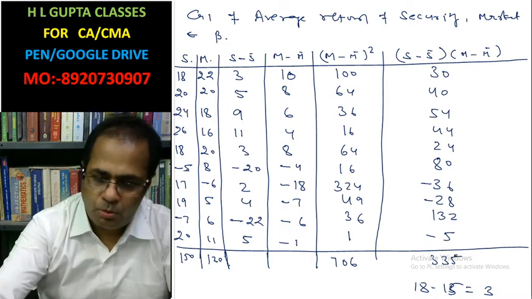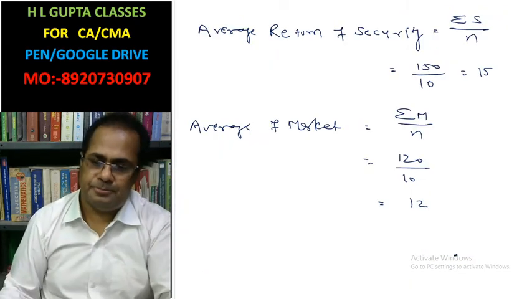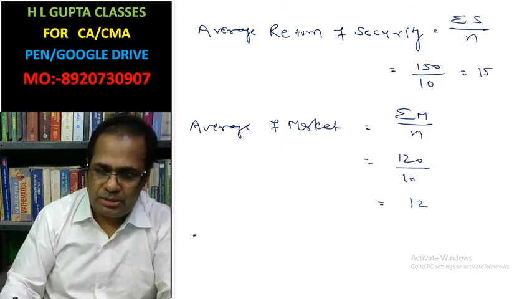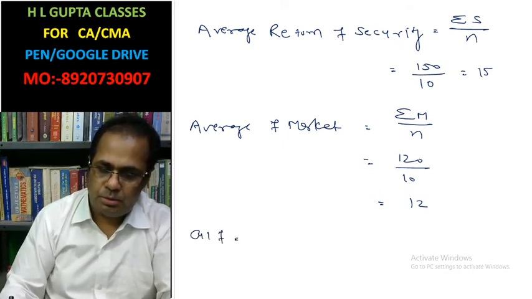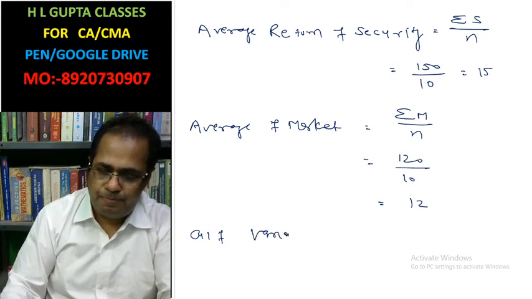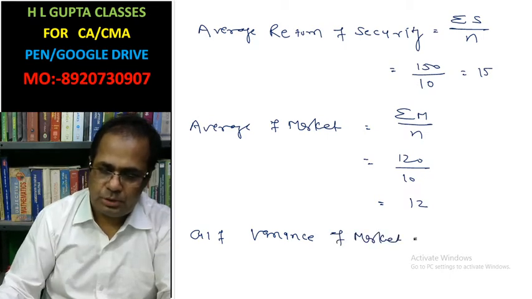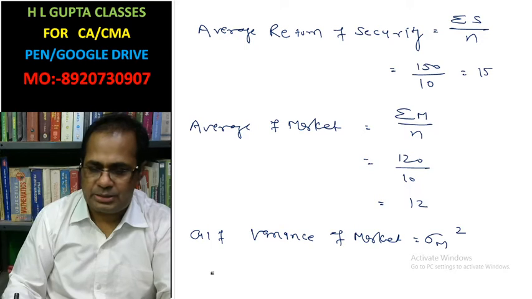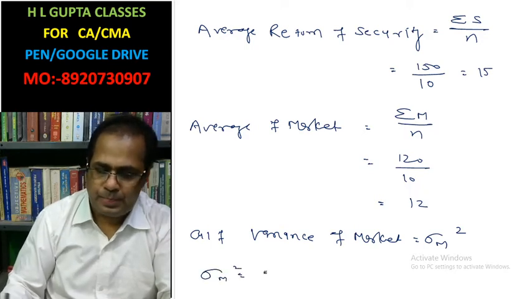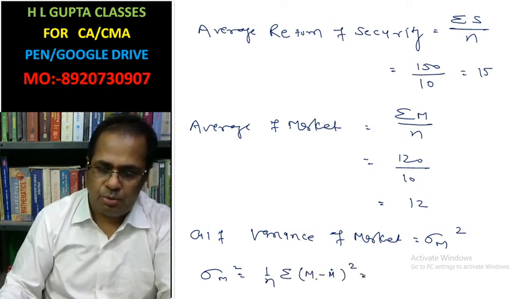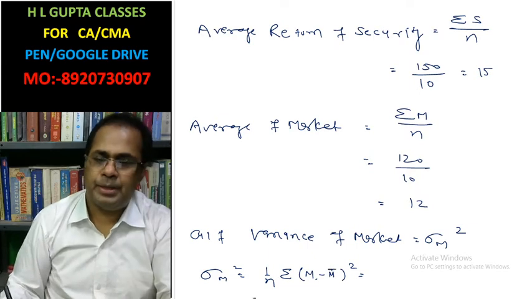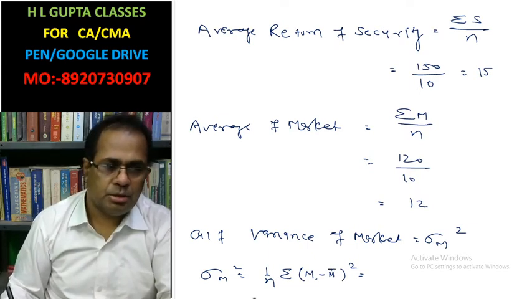Okay, now you can calculate beta. Calculation of variance of market, the standard deviation squared of market, is 1 upon n summation of m minus m bar whole squared.